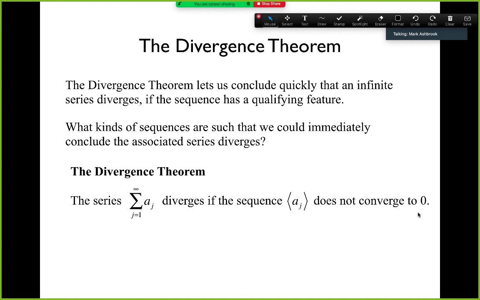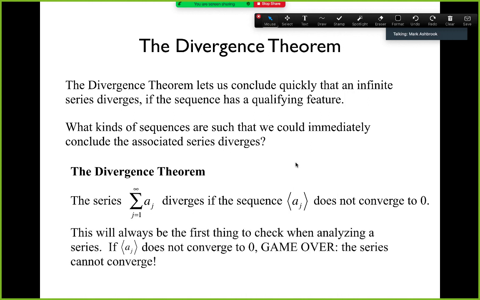That should make sense. The only way that a series could converge is if those terms in that sequence get really, really small to 0, because you're going to keep adding on values forever. The only way that can converge is if those values eventually become 0. Super important.